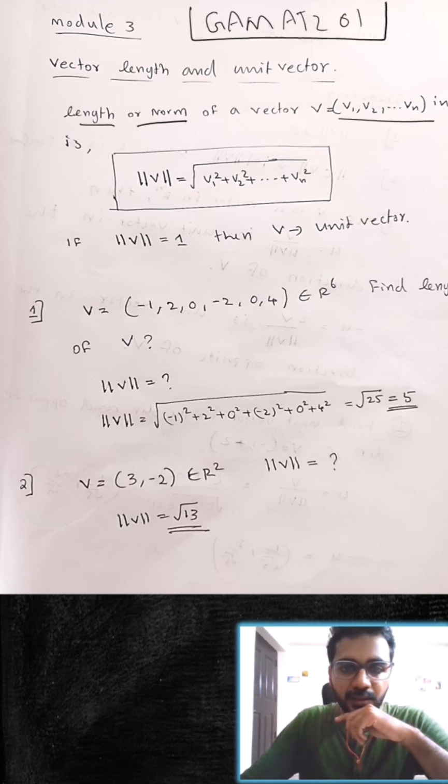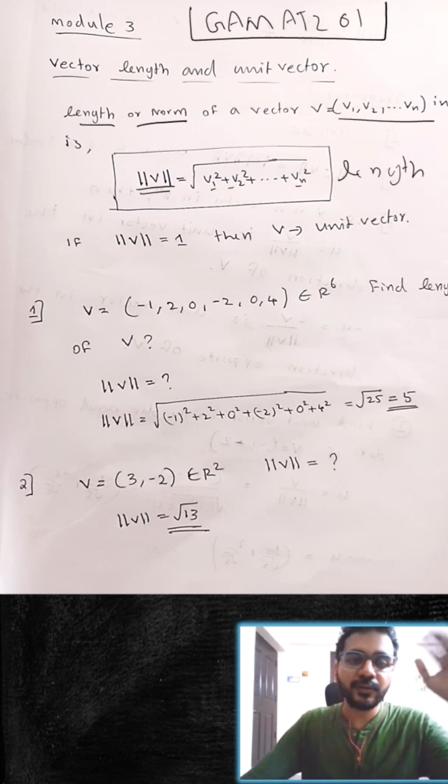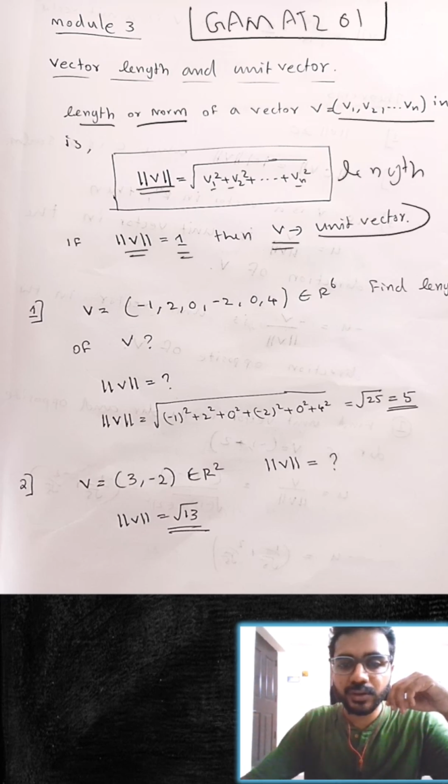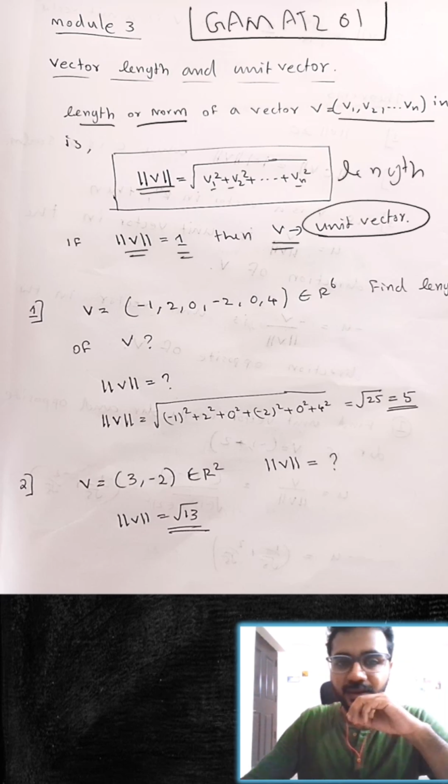The length of v is the square root of v1 square plus v2 square plus up to vn square. This is the formula for the length of the vector. Now if the length is 1, that is length of v equal to 1, then the vector v is called a unit vector. This is the basic concept of vector length and unit vector.